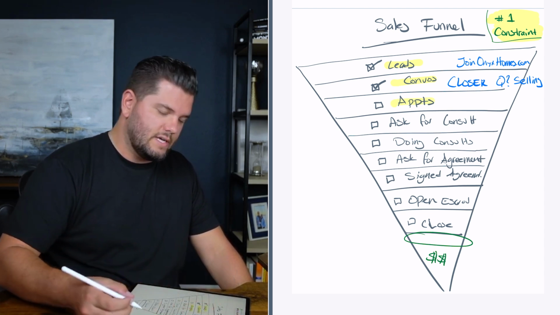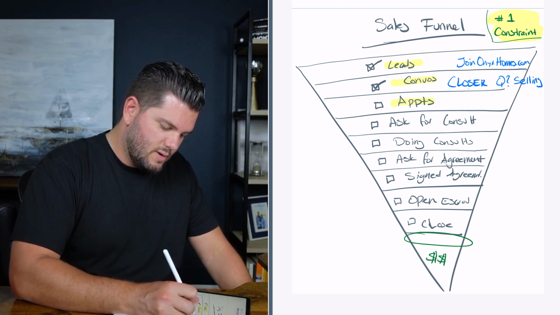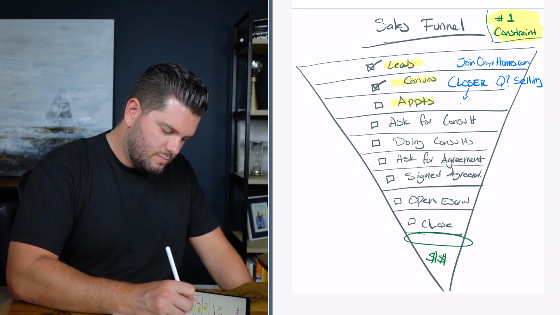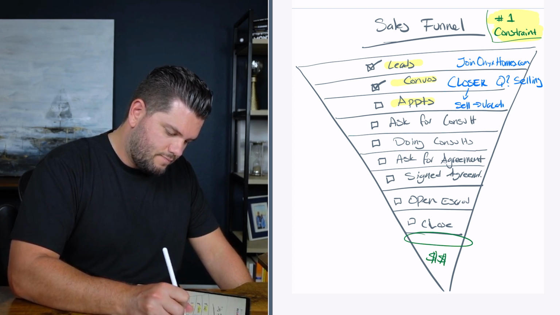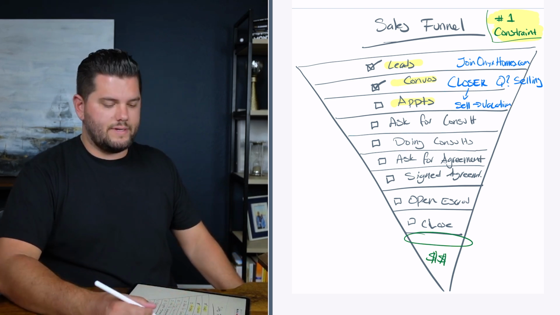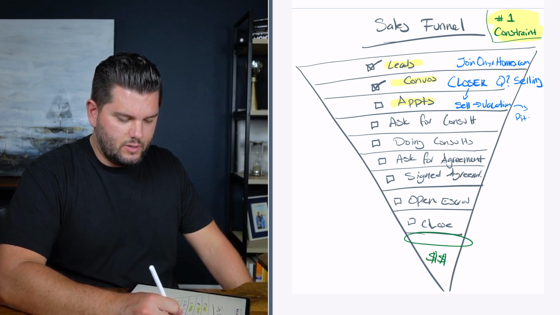Okay. Now, if somebody is having conversations, but they're having a problem setting appointments, let's move down to this section here with appointments. Honestly, the solution is probably also going to be closer framework, but we are going to emphasize more on the sell the vacation. You are probably going to need to practice some of your pitches, right?